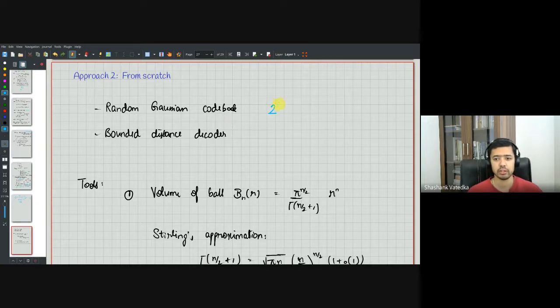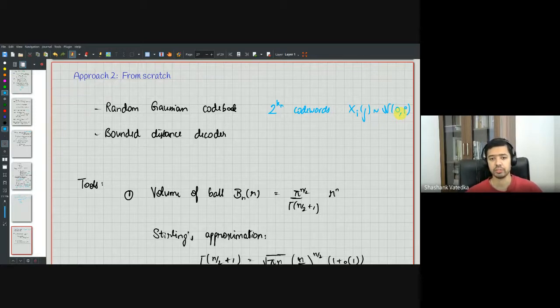You'll generate 2 to the NR codewords, where each component x_i(j) is IID Gaussian distributed with mean 0 and variance P.